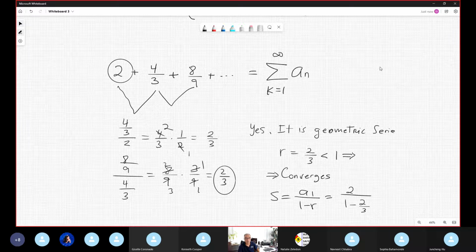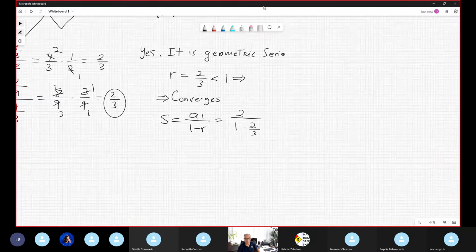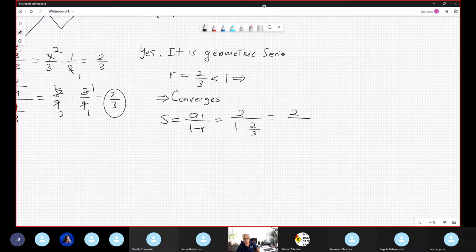Okay, cool. Now copy that. 1 minus 2/3 is 3 minus 2 over 3, which is 1/3. And now the division: you copy 2, exactly the same, and multiply, flipping it up, 3 over 1.